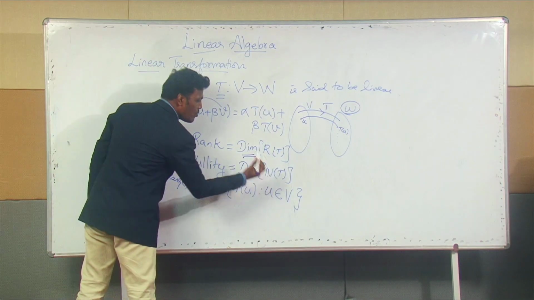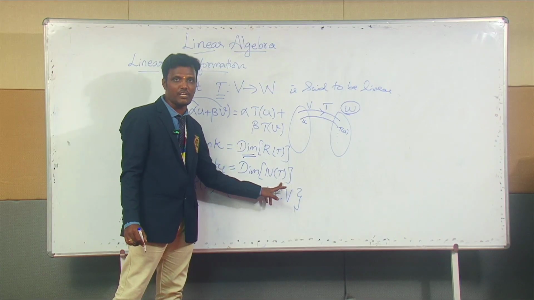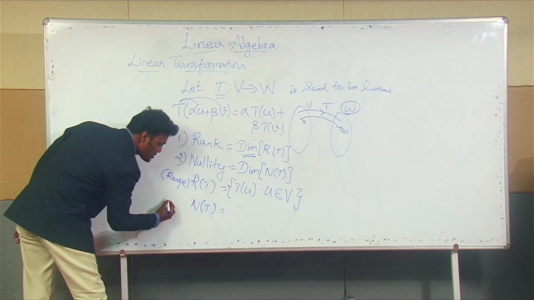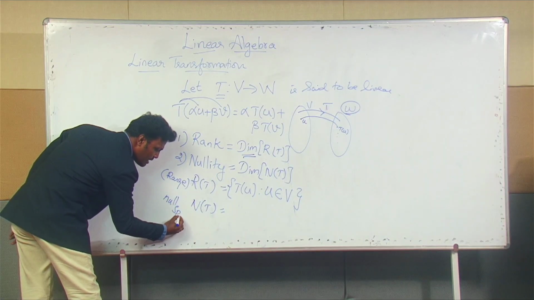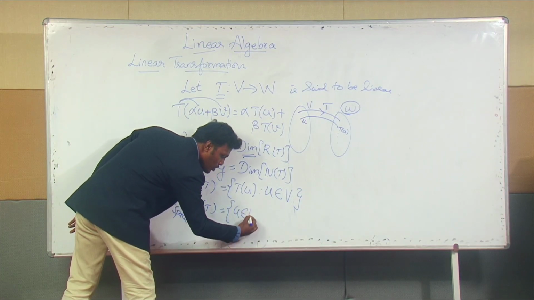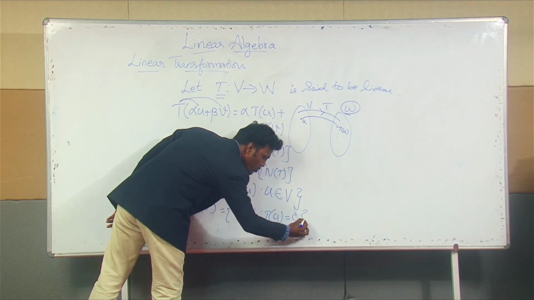And similarly, what is nullity? Nullity is the dimension of N of T. N of T is the null space. The null space is the set of U belonging to V such that T of U equal to 0.